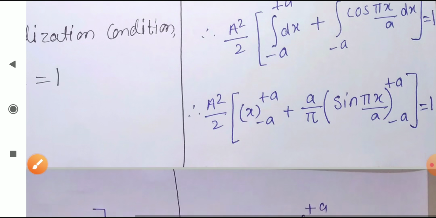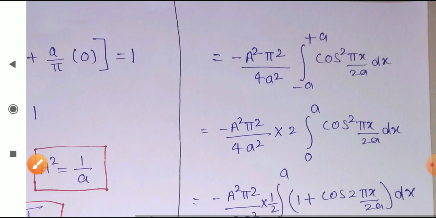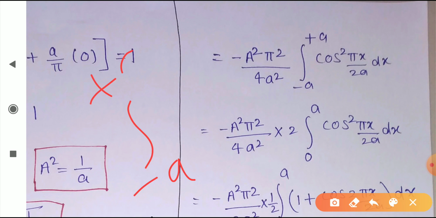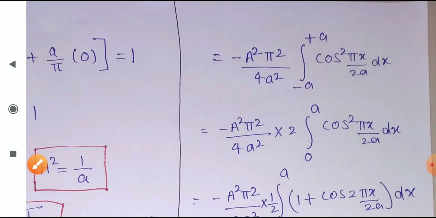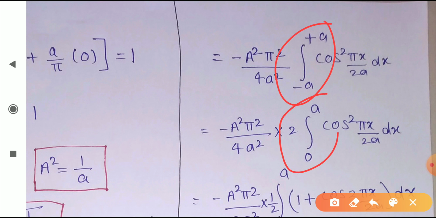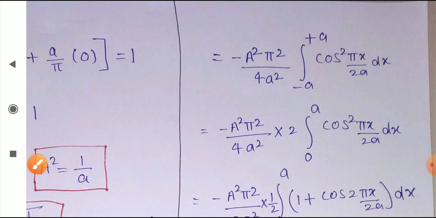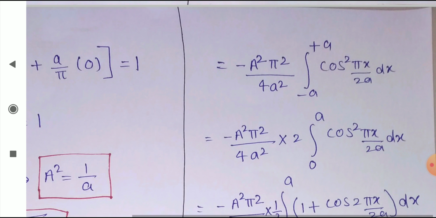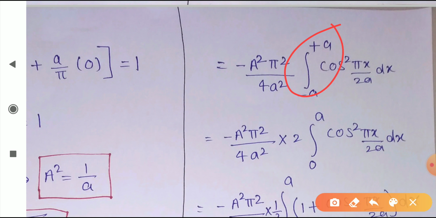But this limit you can also convert, instead of minus a to plus a, into 0 to a in the plus limit. If you want to convert this into plus limit, you can. So I have converted here this minus a to plus a into this form. But if you are not converting, and are using this only, you will get the same answer, because previously I have explained how to solve.